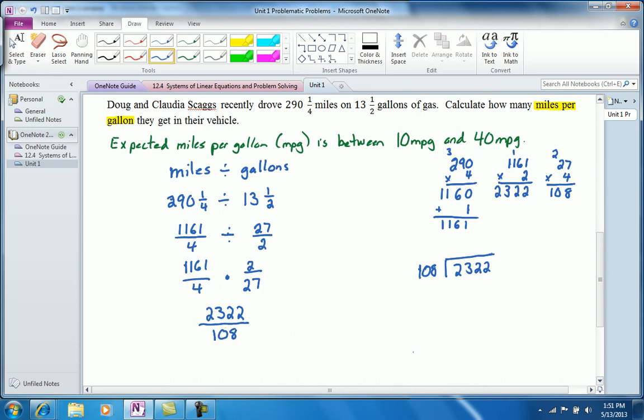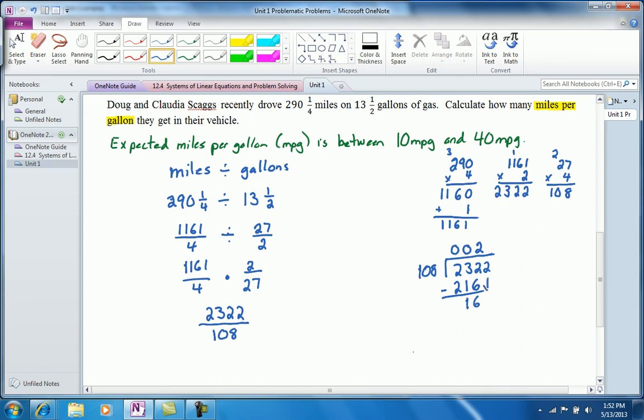108 does not go into 2, so that's a 0. 108 does not go into 23, so that's a 0. 108 does go into 232, and in fact it goes 2 times. 2 times 108 is 216. Doing this subtraction, 232 take away 216 leaves me with 16.